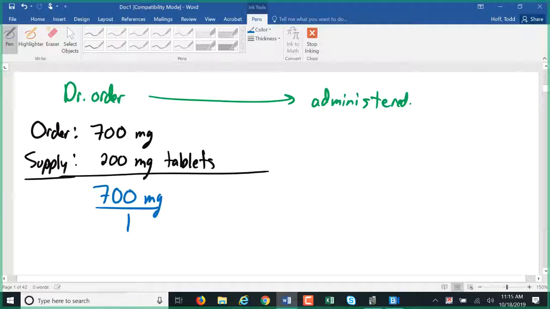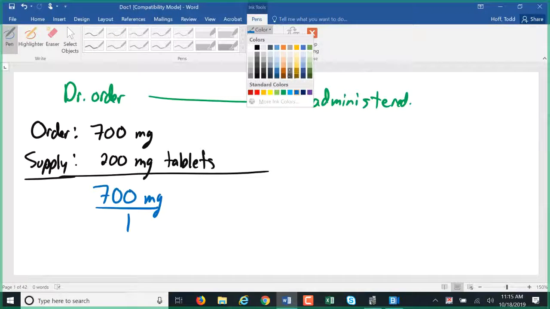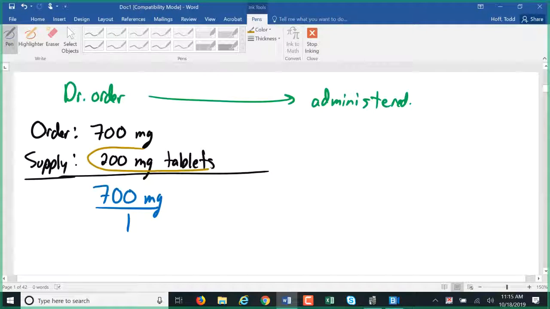Make it a fraction by putting it over 1. The supply here becomes a conversion factor. That 200 milligram tablets is telling us 200 milligrams is equivalent to 1 tablet.